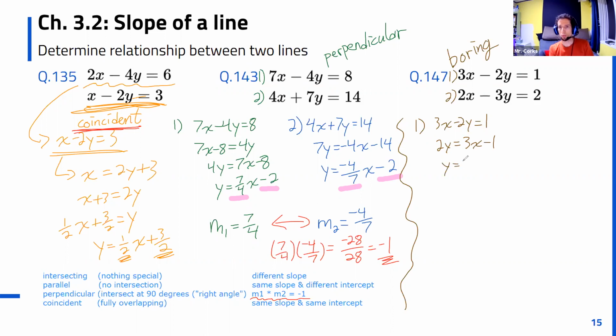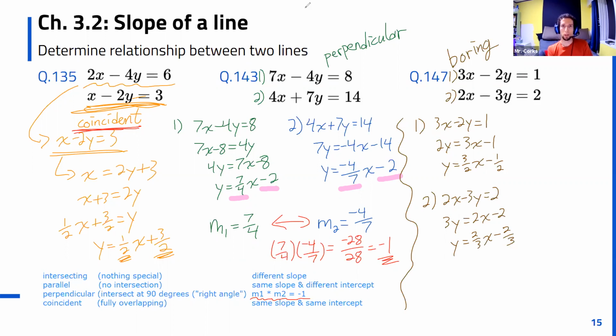So y is equal to 3 over 2x minus 1 over 2. That's the first one. Second one here is 2x minus 3y equals 2. So 3y equals 2x minus 2. y is equal to 2 over 3x minus 2 over 3.